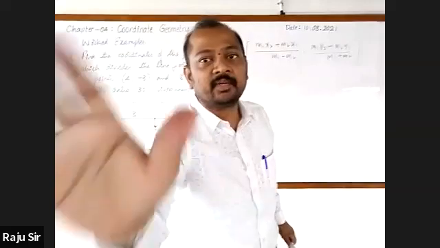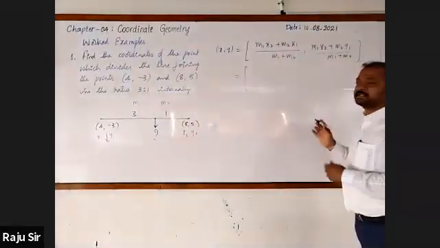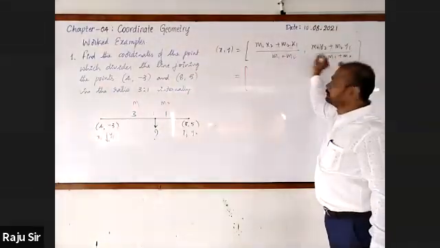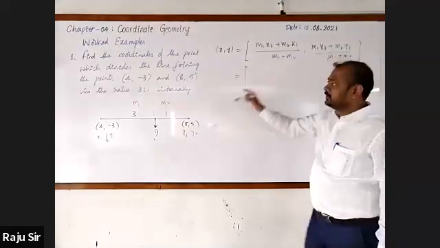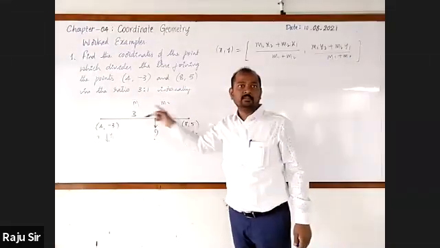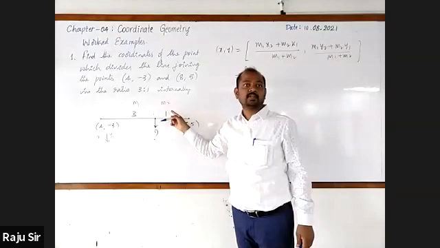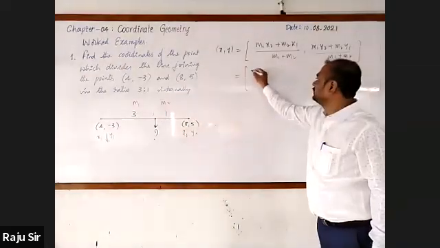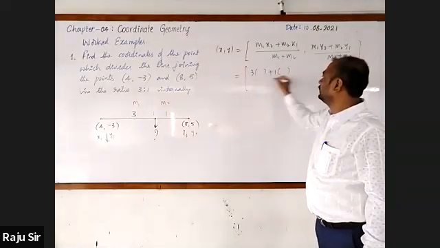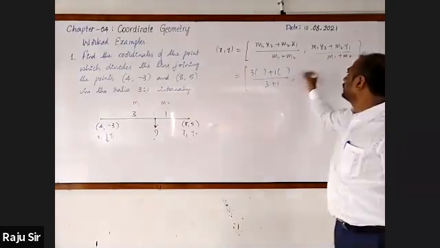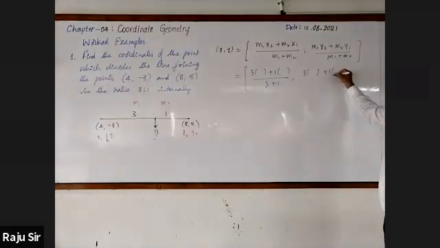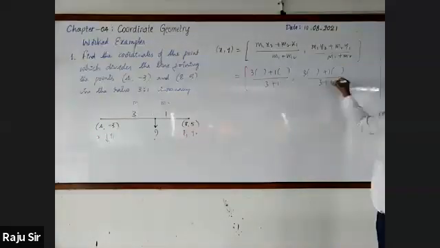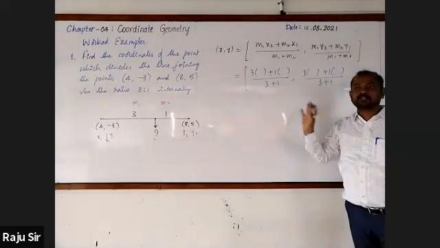Look here, the best way. What is m1? 3, m2 is 1. So 3 into 8 plus 1 into 4 by 3 plus 1, substituting m1 m2 first.